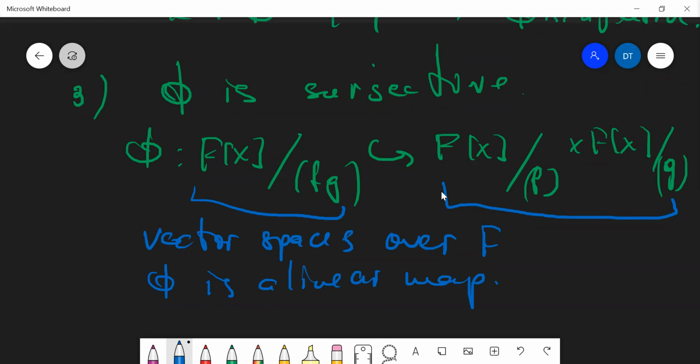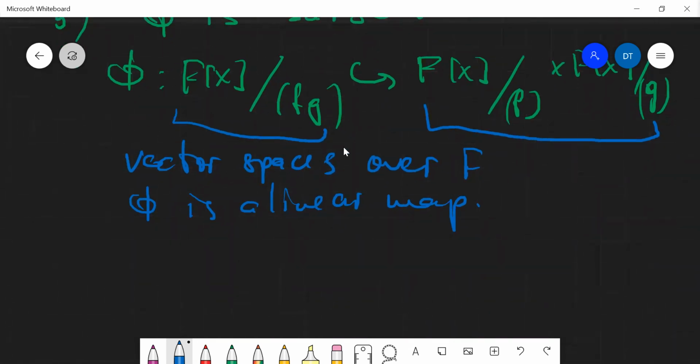If I show that the dimension of the left-hand side coincides with the dimension of the right-hand side, then we're done, because of injectivity, the image must have the same dimension as the source.